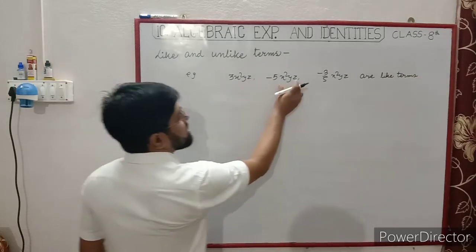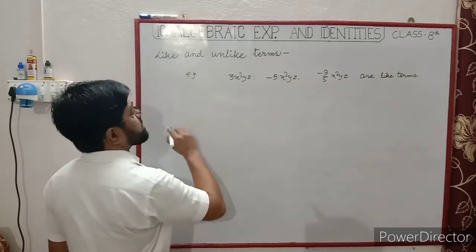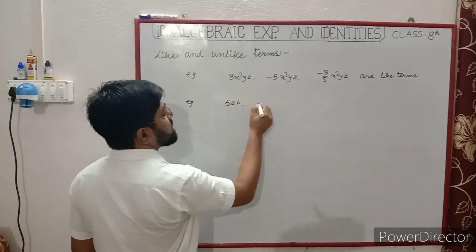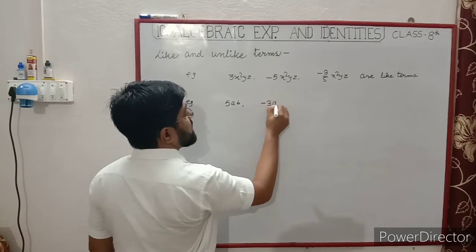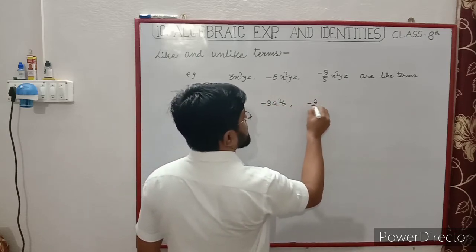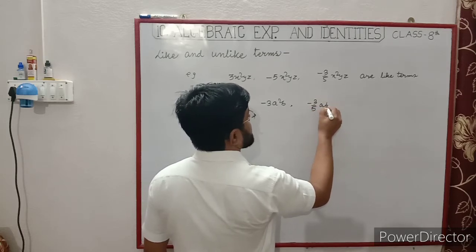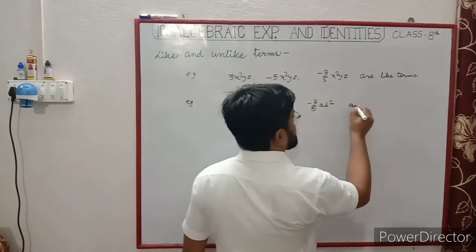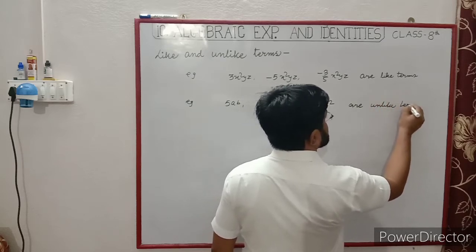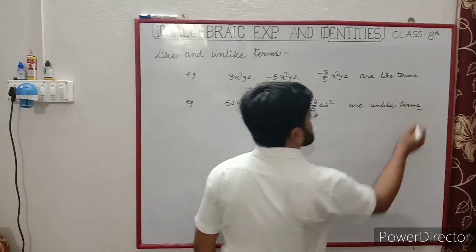Literal coefficients are same in these terms. Now 5ab, minus 3a square b, minus 3 by 5 ab square are unlike terms.